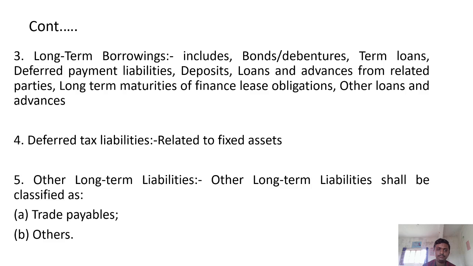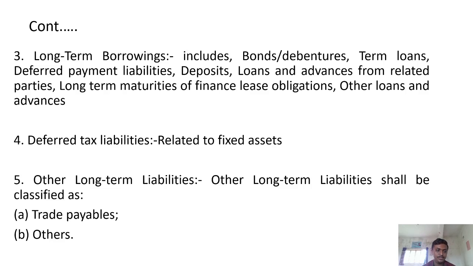These things are going to be adjusted out of the current year profit, and that will be shown as surplus. And the note number 3, that represents long-term borrowings, that includes bonds, debentures, term loans, deferred payment liabilities, deposits, loans and advances from related parties, long-term maturities of finance lease obligations, other loans and advances. It includes like that. And the deferred tax liability, that is related to fixed assets.